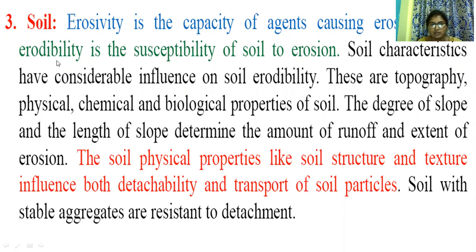Then soil. Erodibility is the susceptibility of soil to erosion, and soil characteristics have considerable influence on it. These are topography and the physical, chemical and biological properties of soil. The degree and length of slope determine the amount of runoff and the extent of erosion.